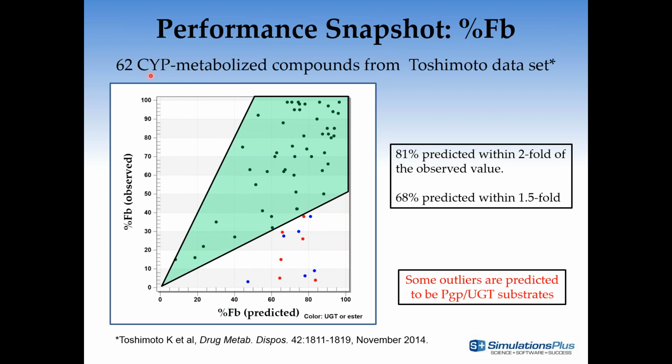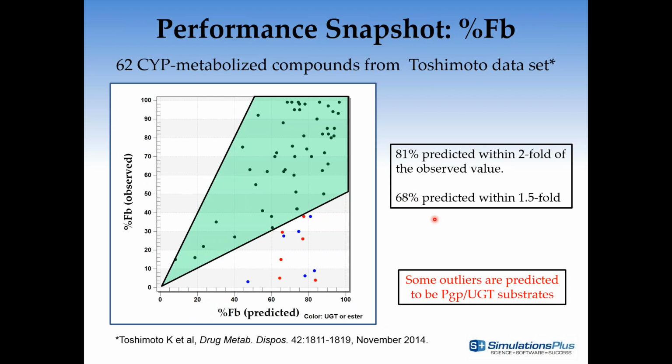So this is a subset of this data set that includes only the primarily CYP metabolized compounds. Here, the predicted values of fraction bioavailable are roughly 81% within twofold and roughly 68% within 1.5-fold. Slightly better than in the 8.5 version.